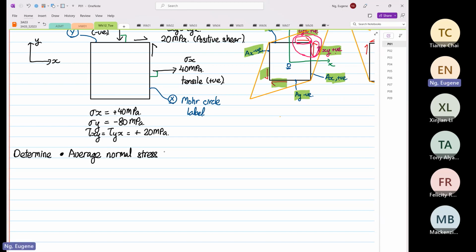Okay. So this is usually the center of circle. And then we want to find the maximum shearing stress, which is the radius of the circle.